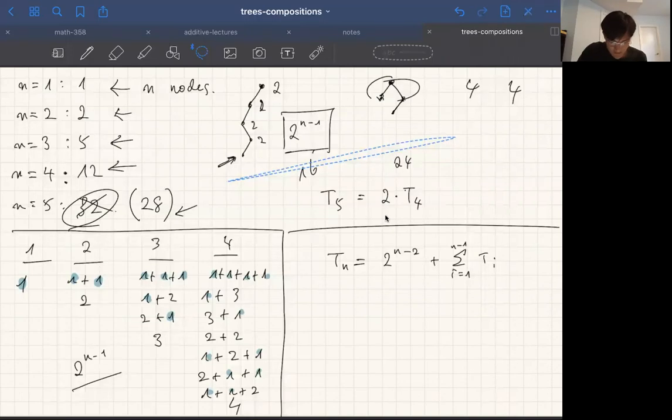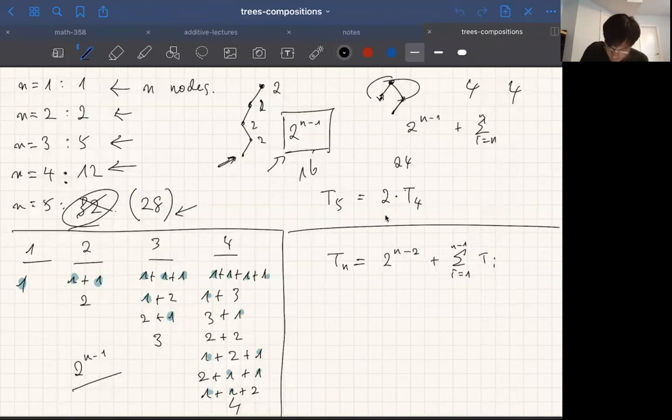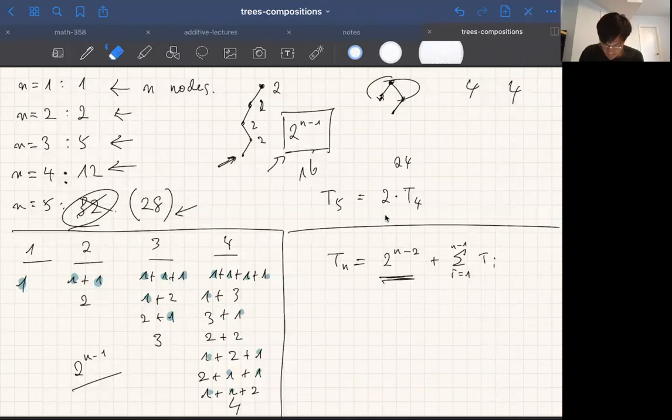So we have 2 to the n minus 1 here. Presumably, if there's another one of them, then we'd have 2 to the n minus 2. So 2 to the n minus 1 plus 2 to the n minus 1 is 2 to the n minus 2. So there should be another 2 to the n minus 1 here. And then here we will have a sum from i equals 1 to n minus 1 of Ti. Why is that? Oh wait, what am I saying? This is smaller than that. So that's not actually right.